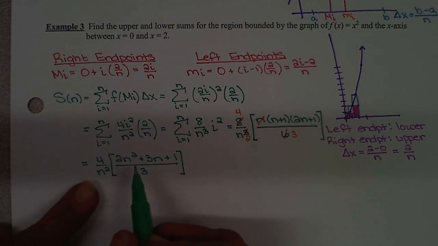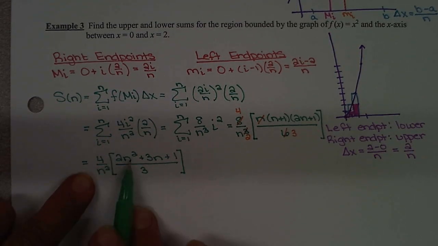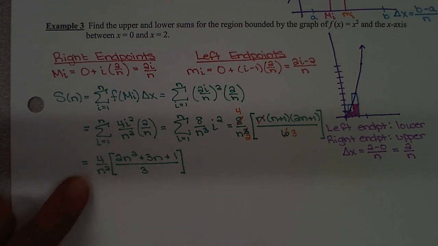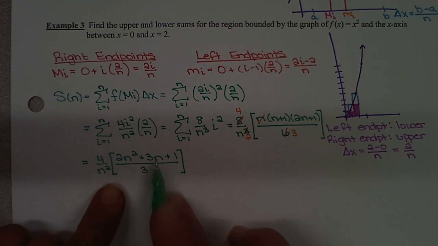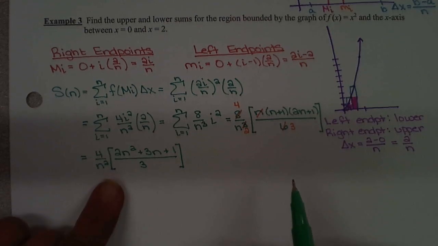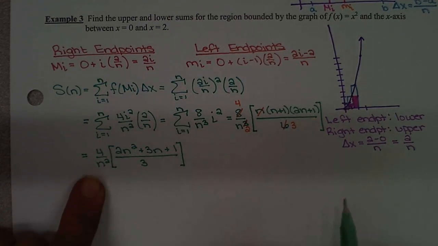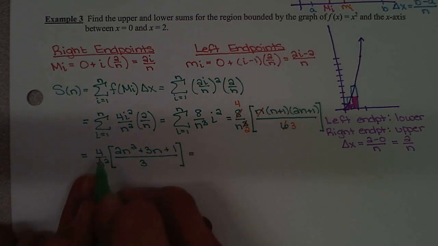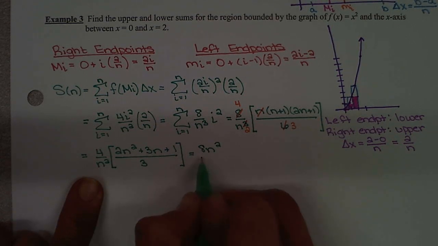Now I'm going to take and distribute this 4 over n squared while at the same time breaking this apart into separate terms. So this first one's like a 2n squared over 3 times the 4 over n squared. And I'm not going to worry about reducing anything just yet. So the 4 times the 2n squared makes an 8n squared.